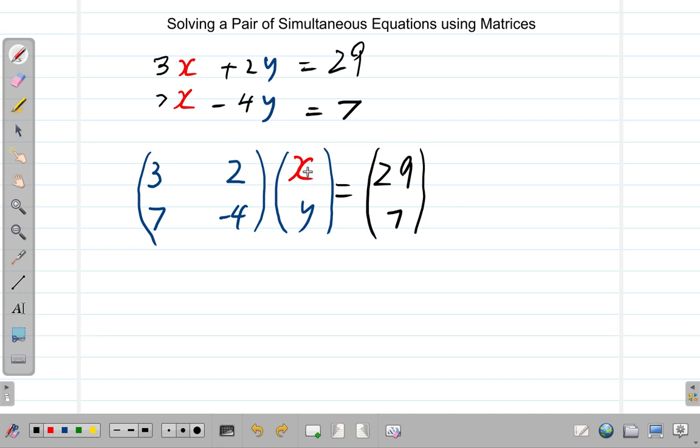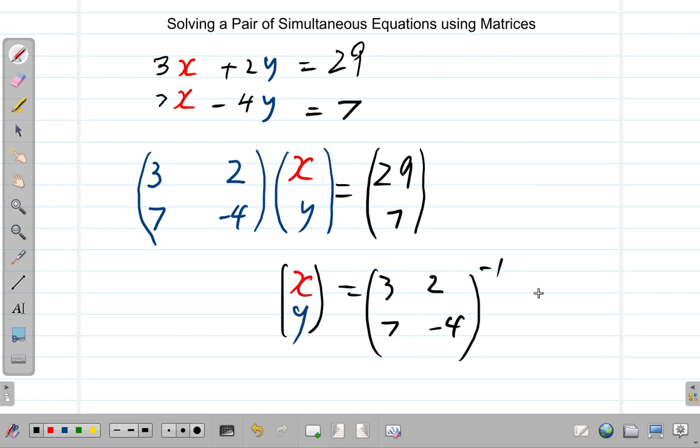we're going to have xy would be equal to the inverse of 3, 2, 7, negative 4, times 29, 7. Alright?